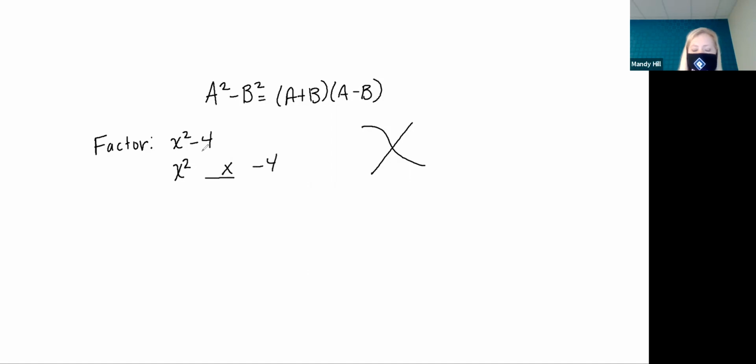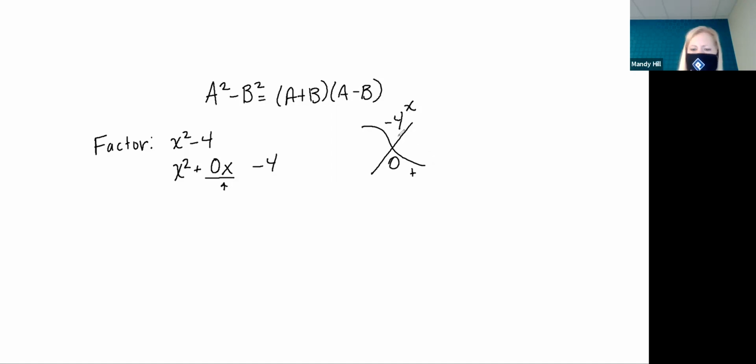Well, in this case, the number that we're multiplying by x just ends up being 0 because we don't have anything multiplied by x. So if we were going to work this the way we were doing it the other day, we would say, well, what multiplies to negative 4 and adds to the middle term, which is 0? You'll kind of recall about that.